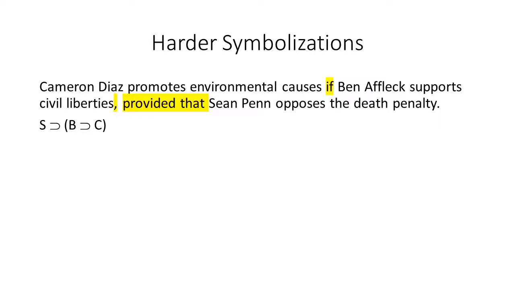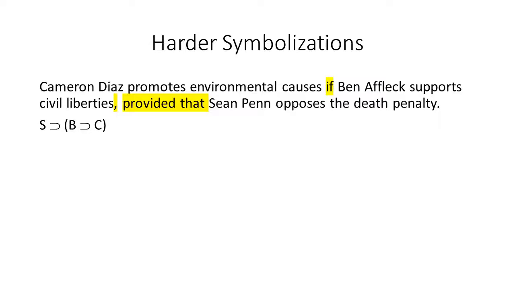I've symbolized this S horseshoe left parentheses B horseshoe C right parentheses, where S stands for Sean Penn opposes the death penalty, B stands for Ben Affleck supports civil liberties, and C stands for Cameron Diaz promotes environmental causes. Why did I symbolize it this way? Note where the parentheses is. C and B are going to go with one another. Let's tackle that part first.